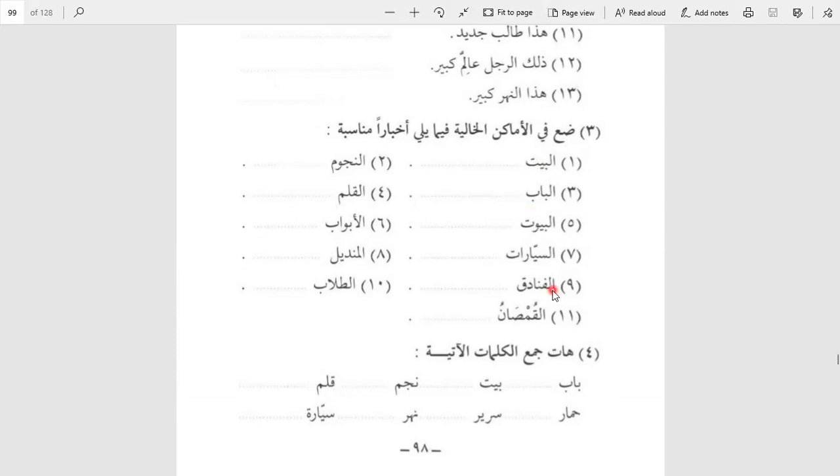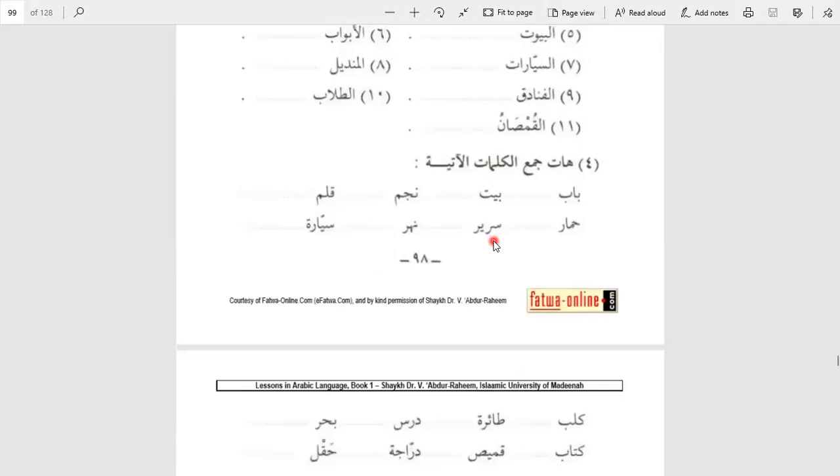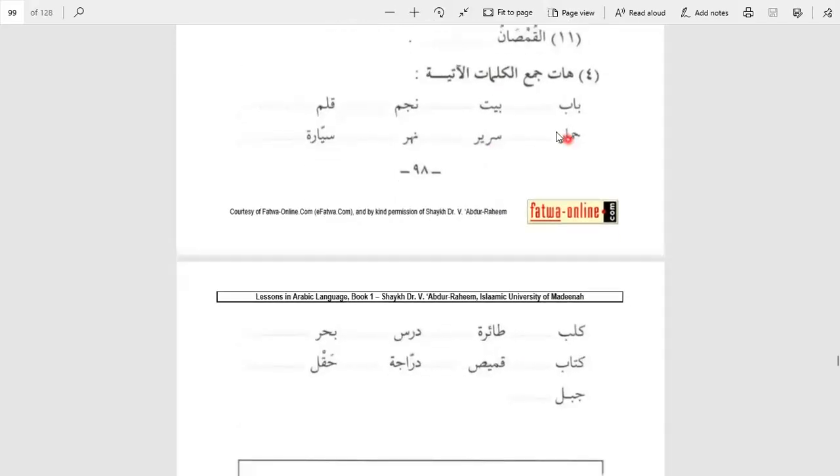So I want you to go through all this to show that you've understood the concepts of jamu mu'annath. So I want you to go through hata jamu kalimat al-atiya. So here we're just emphasizing and practicing what we've learned in previous lessons about plurals. Babun, what is the hata?